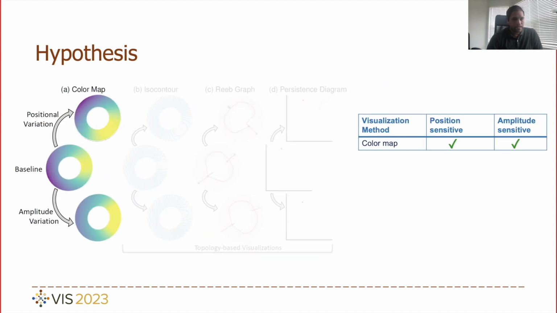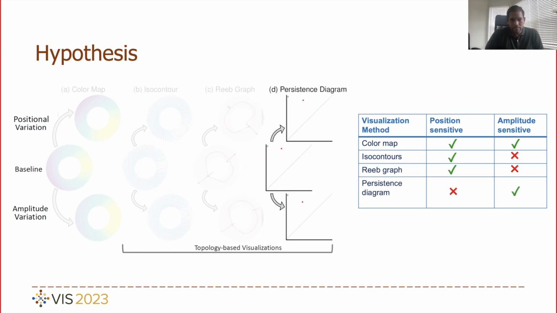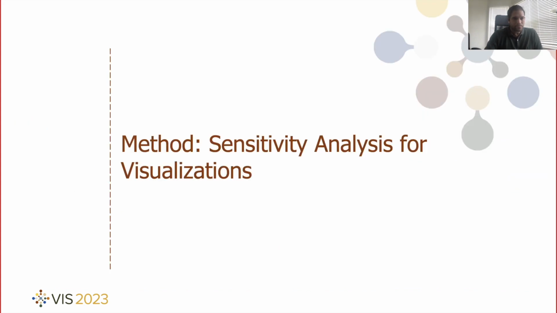We observe that color maps are sensitive to both positional and amplitude variation of the underlying Gaussian, whereas isocontours and Reeb graphs show more sensitivity to positional variation and not much sensitivity to amplitude variation, as we can observe that the visualization has not changed much for amplitude variation. Persistence diagrams are more sensitive to amplitude variation compared to positional variation. Now, this was our hypothesis.